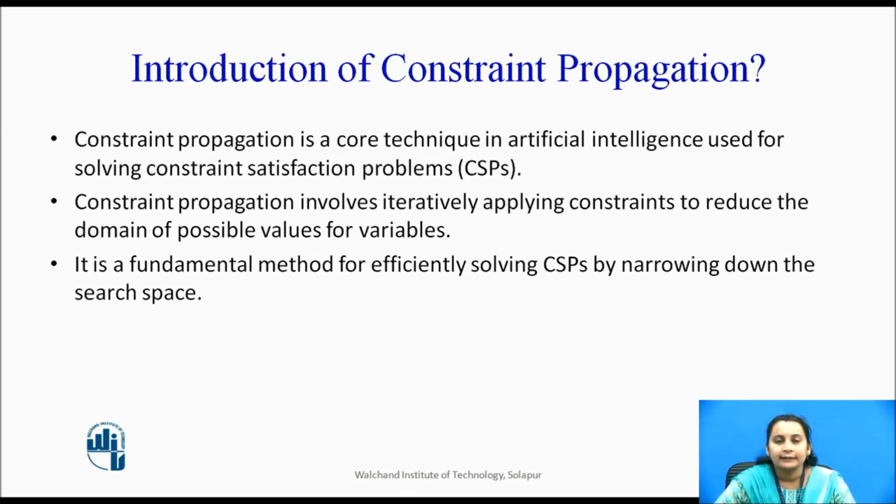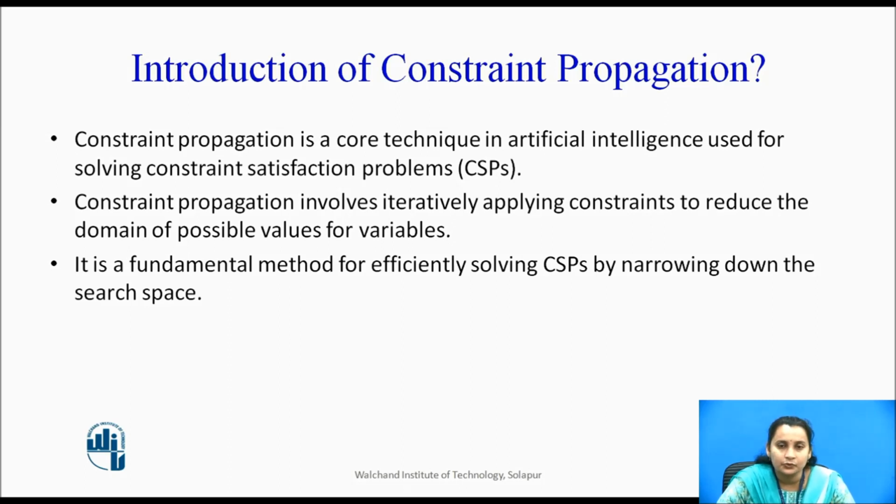So what is actually constraint propagation? Just like previous search techniques, this is also using some search technique, but here, while assigning some value to any domain, we are checking some condition also. So one or multiple conditions, or we can say constraints, are involved in the technique, so it is called constraint propagation.